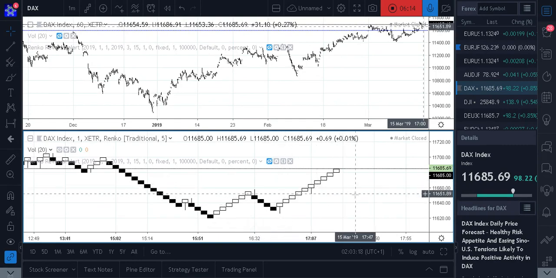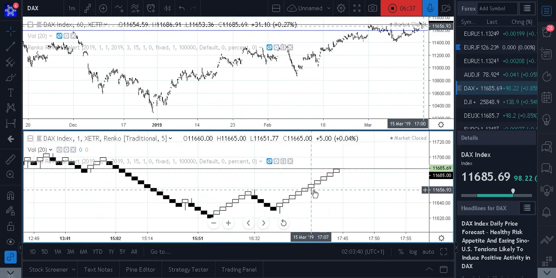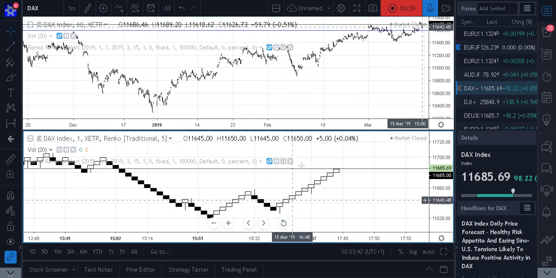So the DAX index has to move 5 points in order for a new brick to be printed. And it does not matter how long it takes for that 5-point move. This can be seconds or hours. If there's simply no movement, then there will be no new Renko brick, because why should there be?